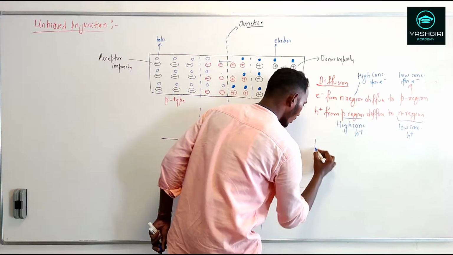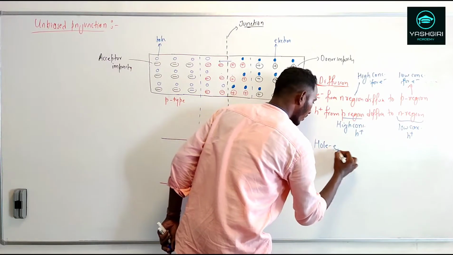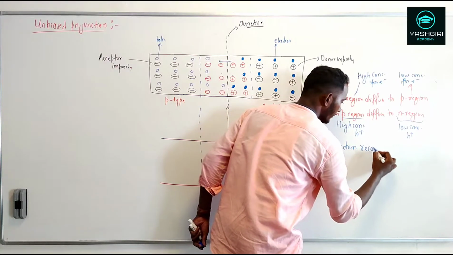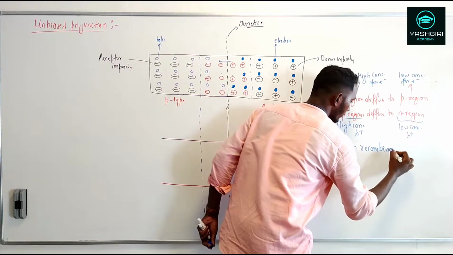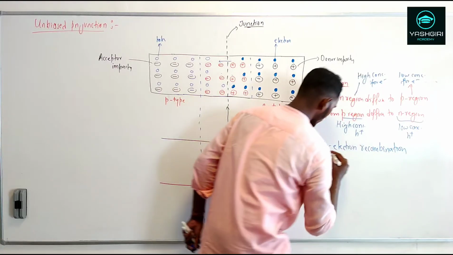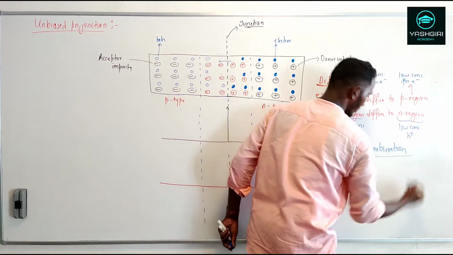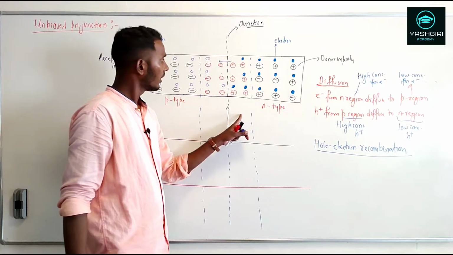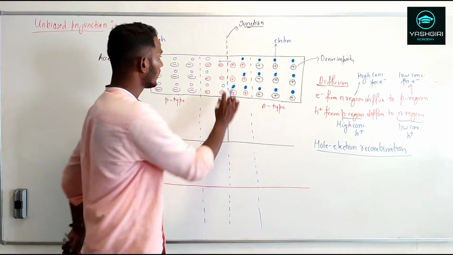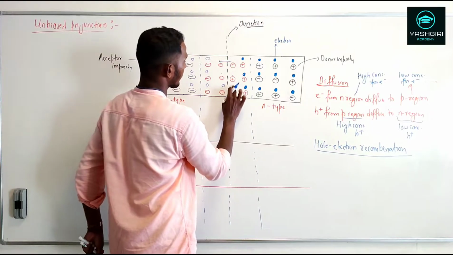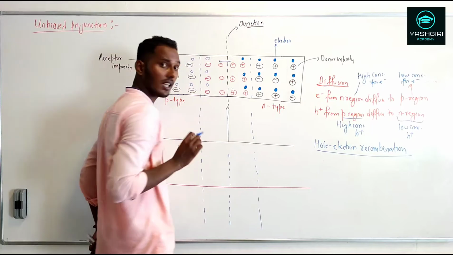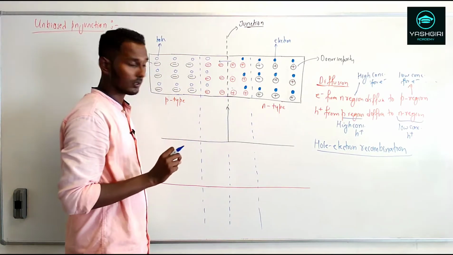So I'll write hole-electron recombination process. So electron and hole recombination is happening in this case. Now if you see this, all these electrons will get diffused. So here all the electrons are recombined with the holes.